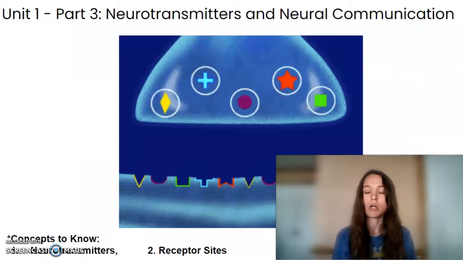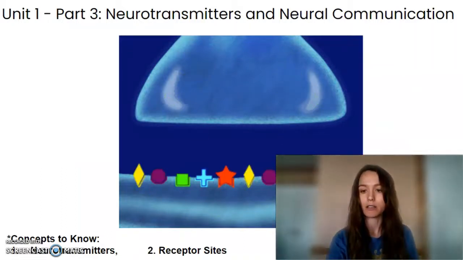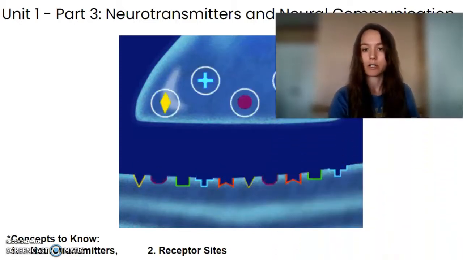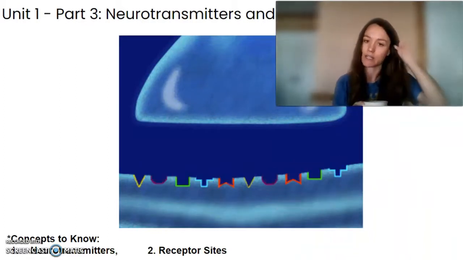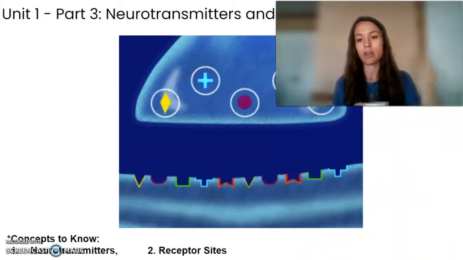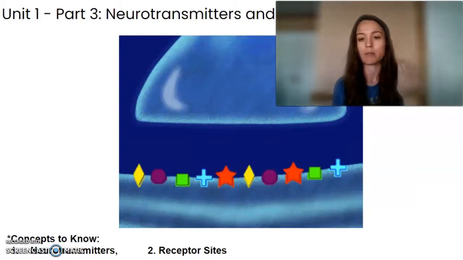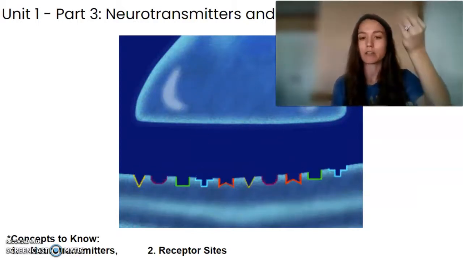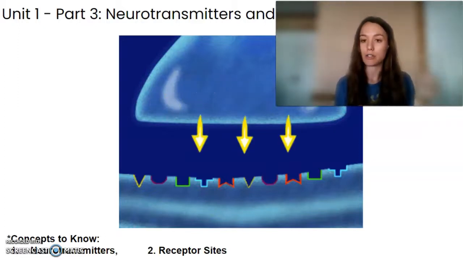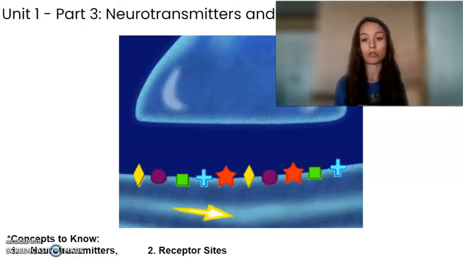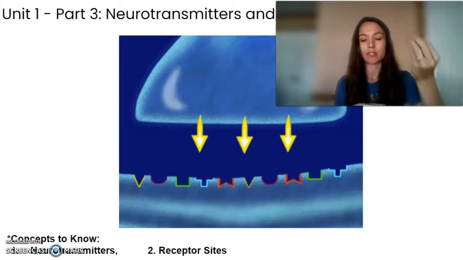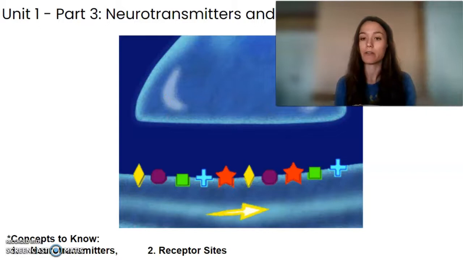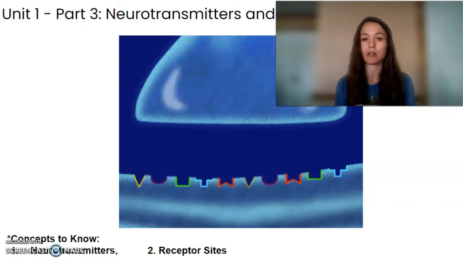What I want you to notice about this particular diagram is the shapes of the neurotransmitters, or the chemicals that are coming out. Notice they are moving out into the synapse, and the maker of this diagram shaped them in different shapes, which I really like, because neurotransmitters all have their own unique shape. Dopamine has its own unique chemical shape, and when it moves out across the synapse, it only fits into a dopamine receptor.